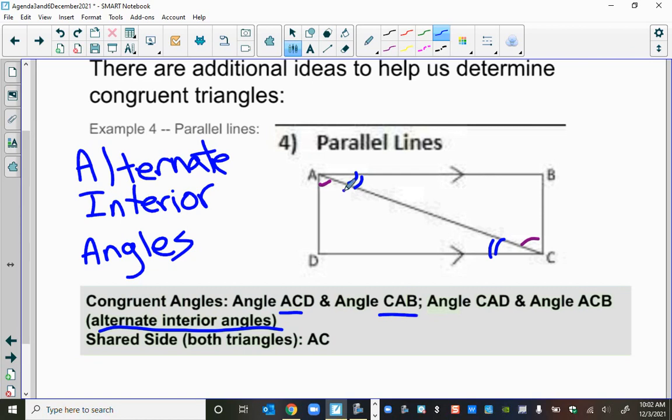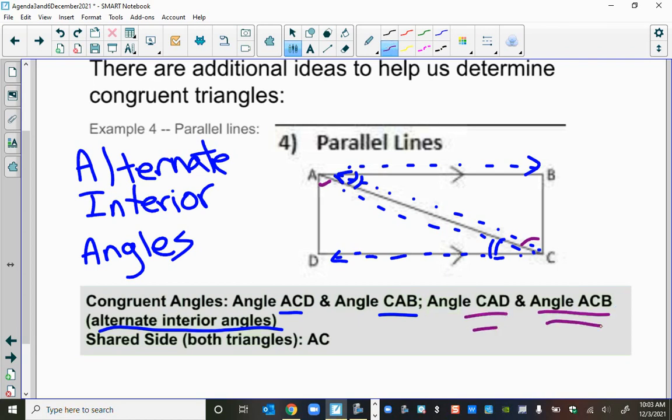You start at A, go to C, go to D. But similarly, from C, you go up to A, to B. And then with CAD, ACB, same idea.